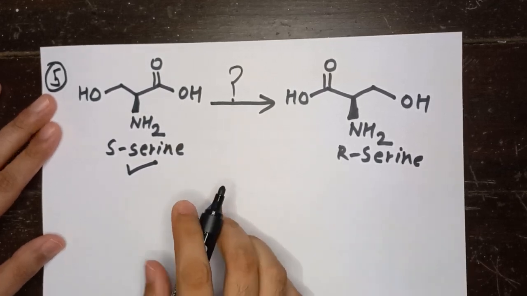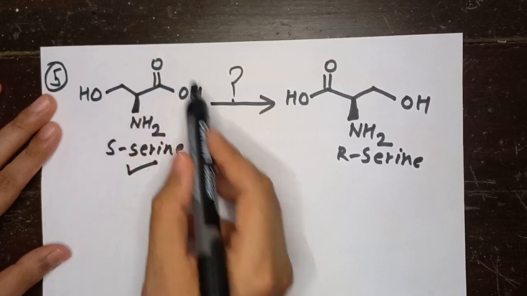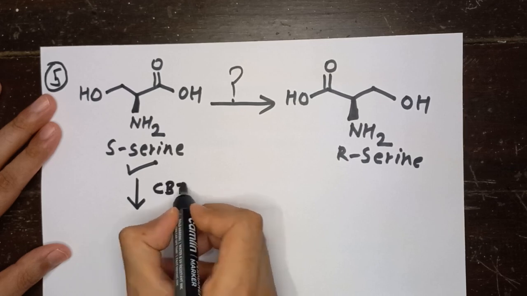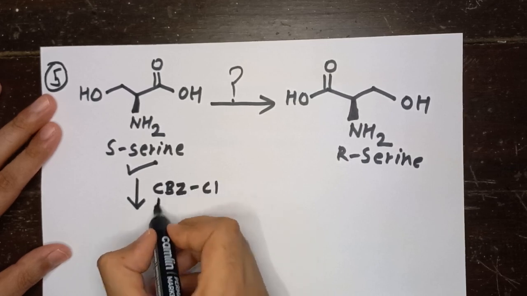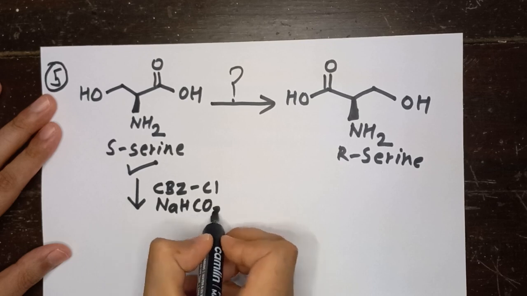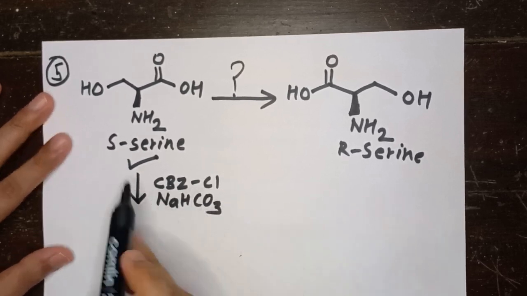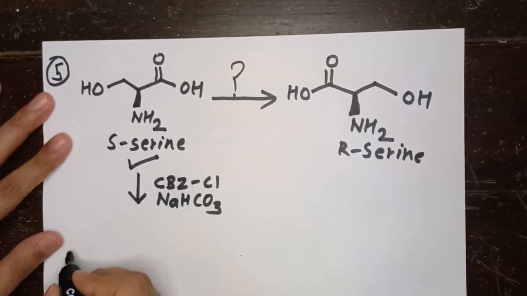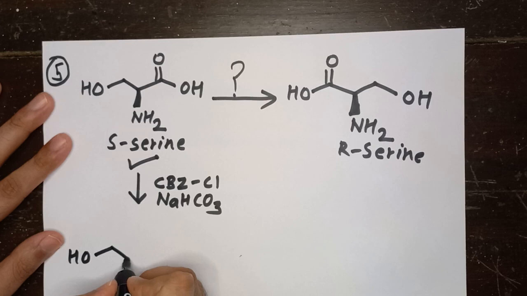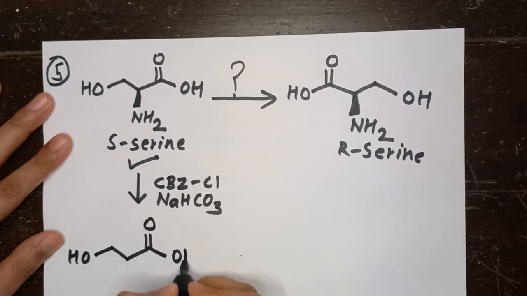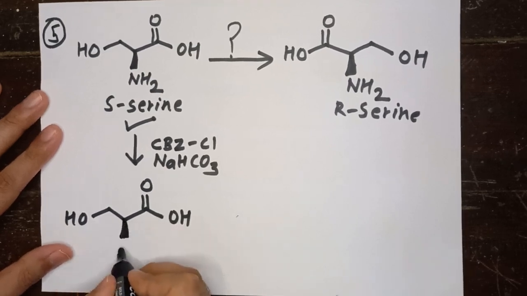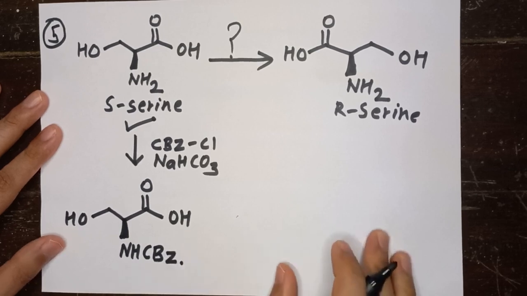Okay, so it's a sequence of reactions. First we start with this S-serine. We react this with CbZ chloride in presence of a base. Okay, so basically we are protecting this nitrogen with a CbZ group. So we will generate NHCbZ.